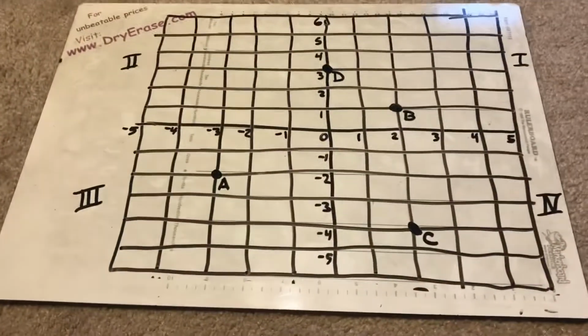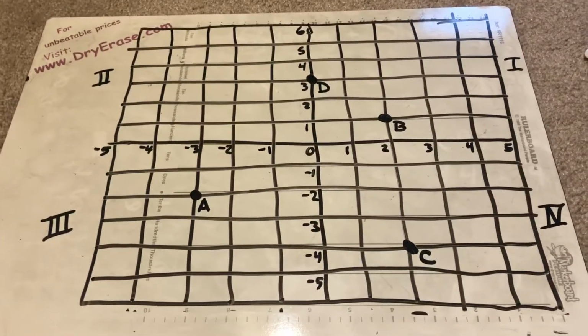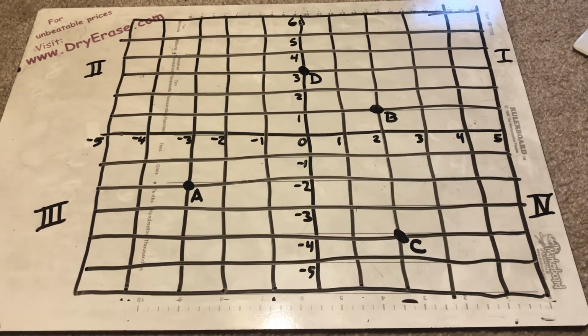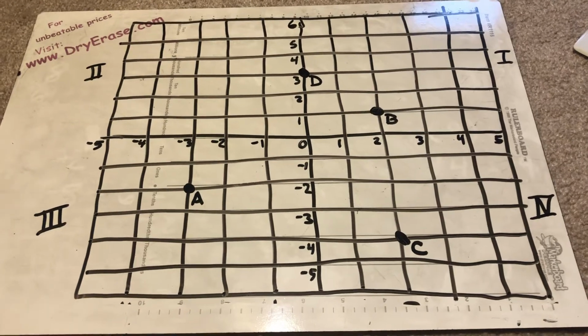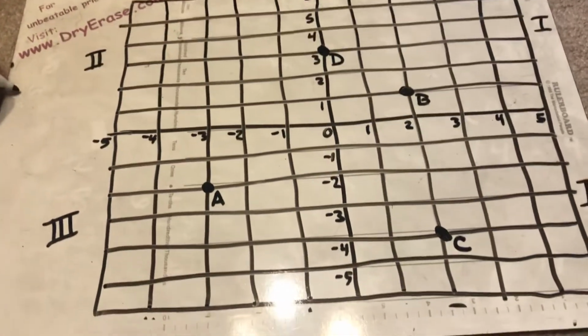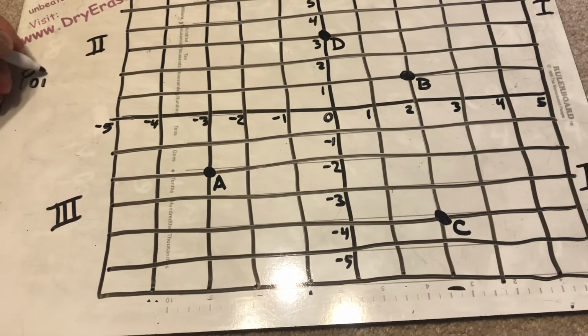So, let's say I have these graphs here, and I have these different points on a graph. So, we're going to come over here and we're going to write these points. And this is what you're going to be given.